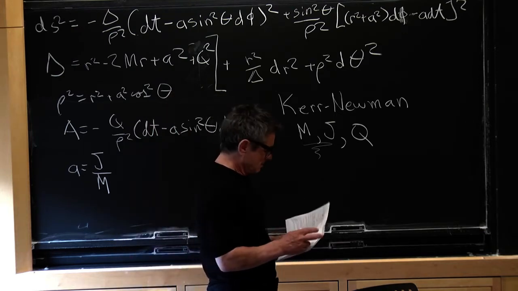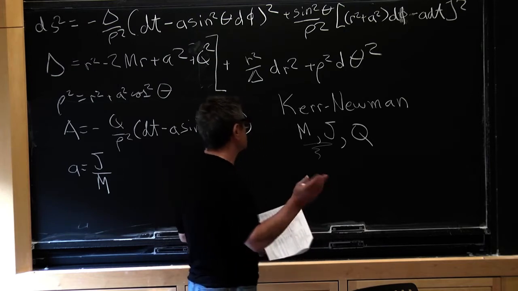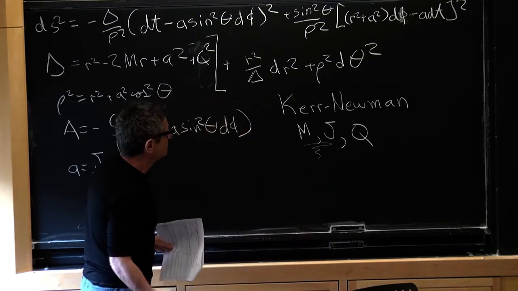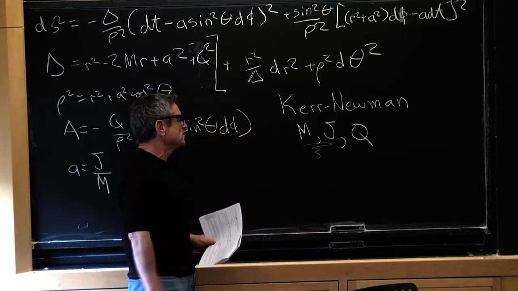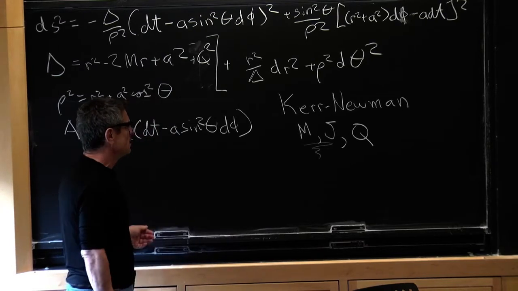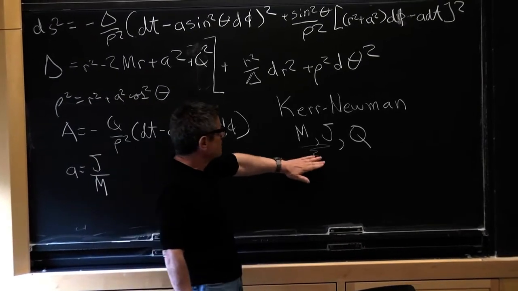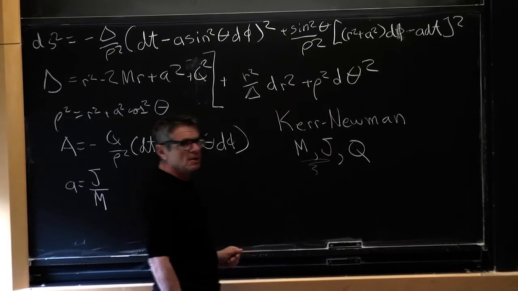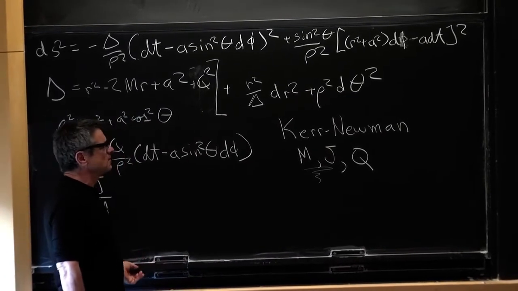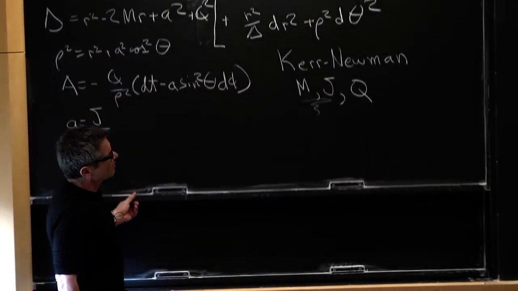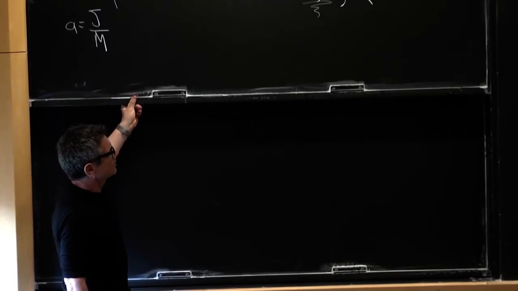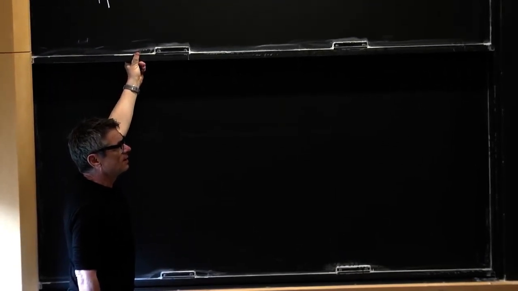So all the astrophysical discussions that we've seen, for example Shep's presentation about the Event Horizon Telescope, are always about just the Kerr, not the Kerr-Newman. But for considering theoretical properties of black holes, as we'll see, it's very interesting to see what the additional effect of the charge is.